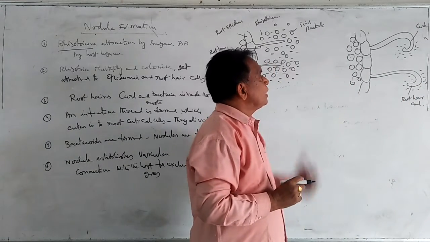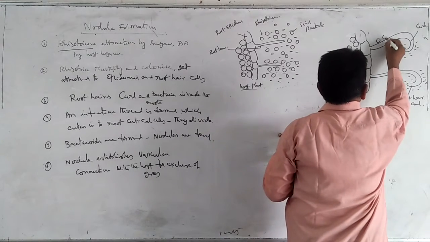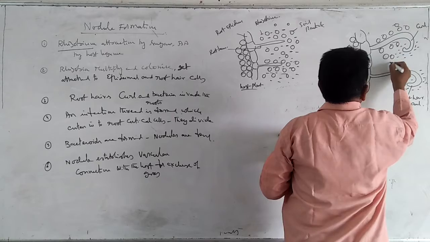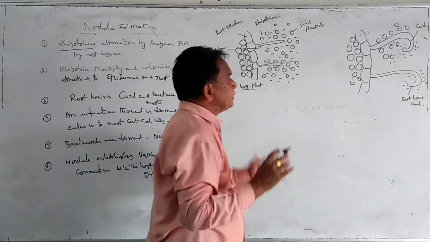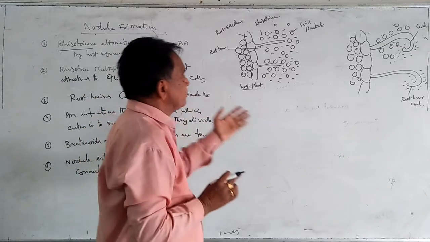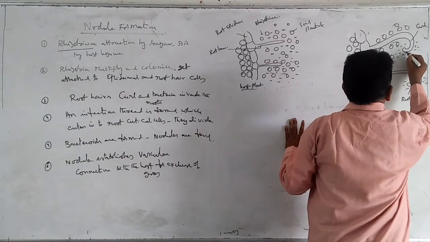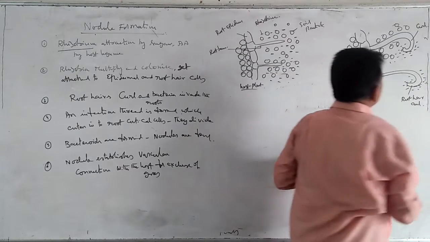All the rhizobia are attracted by the chemicals. These are the soil particles. These rhizobia multiply, and finally they get attached to the epidermis.